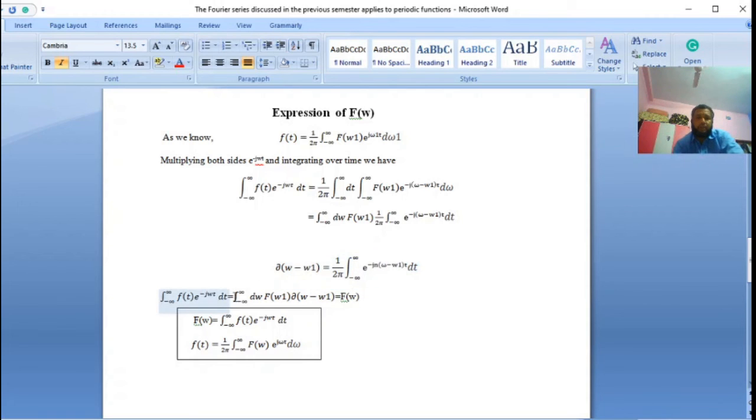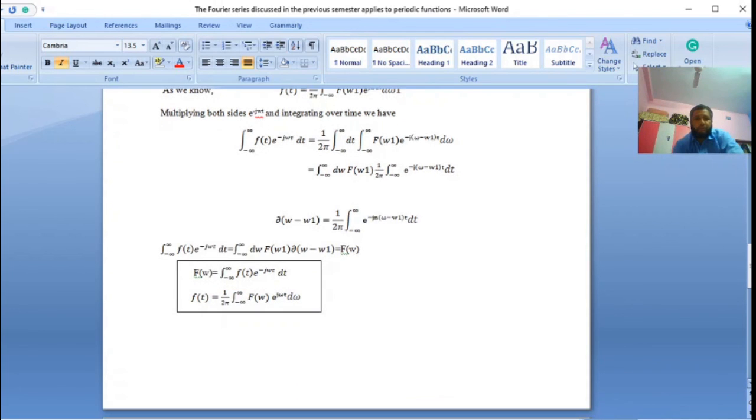If I use the properties of the delta function, this integration will only give the value when omega is equal to omega 1, so we can write F(omega) like that, and f(t) is that.